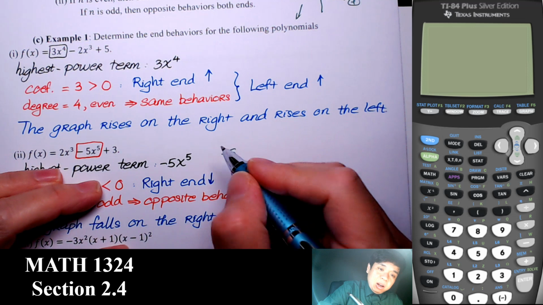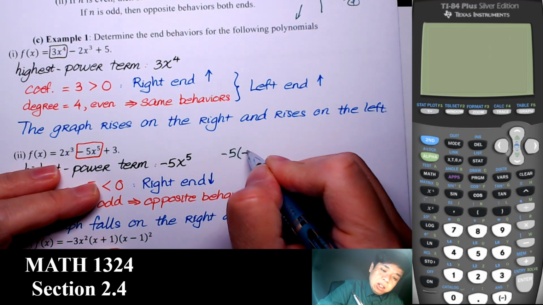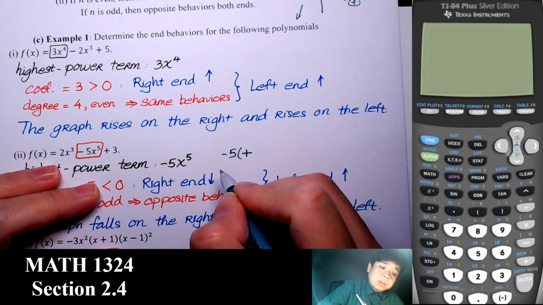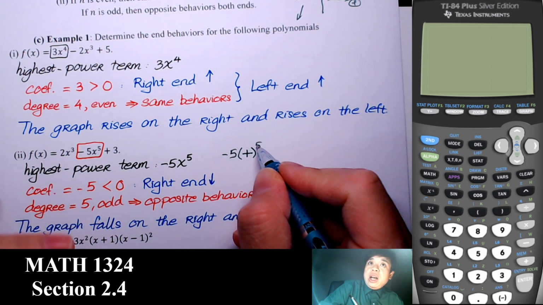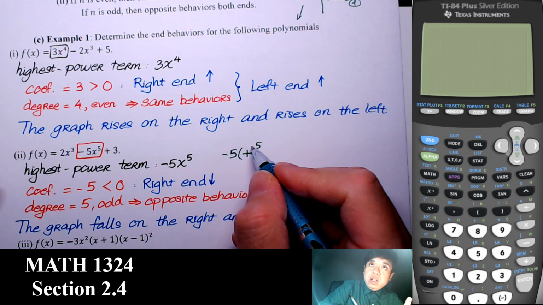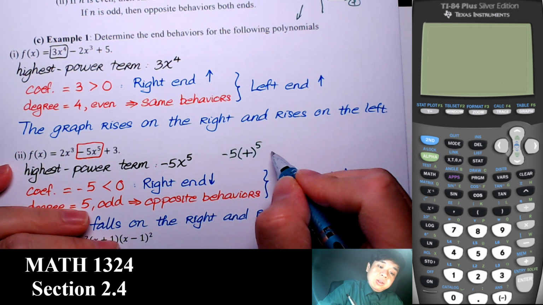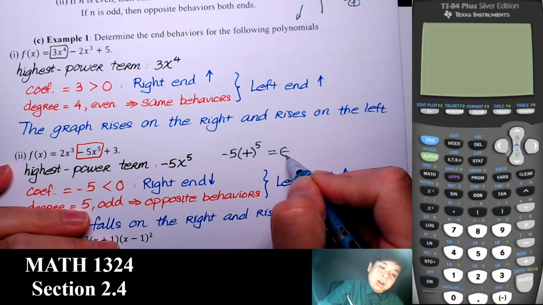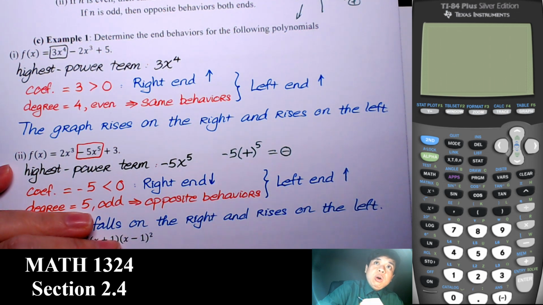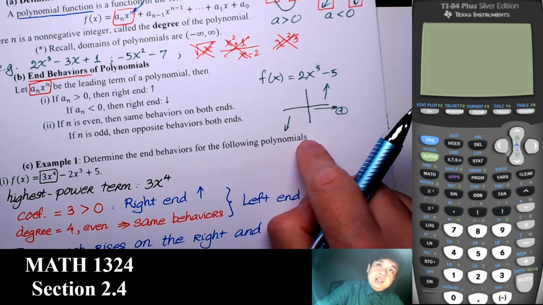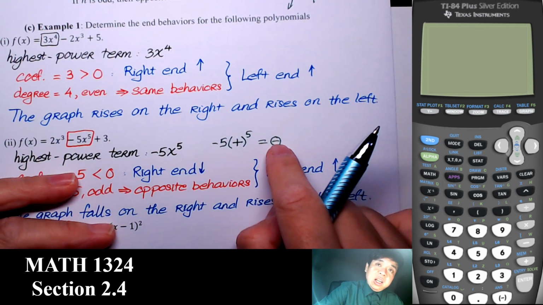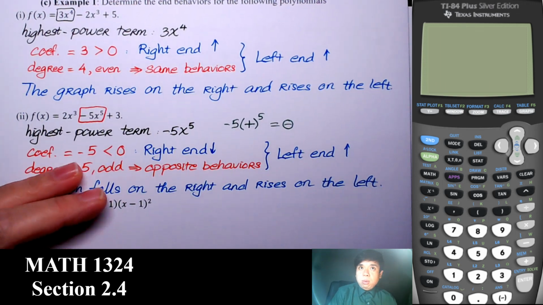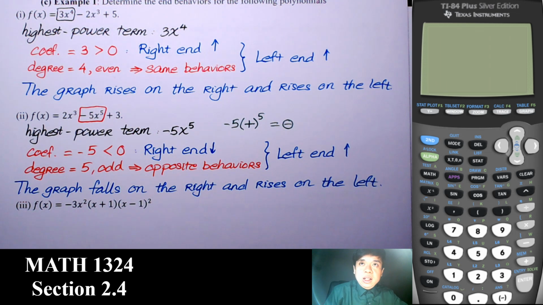If we have negative 5 and we put something on the right which is positive, raised to the 5th power, positive raised to any power is going to be positive. Positive times negative 5 ends up being negative. Because it is negative, it will go down. On the y-axis, positive on the top, negative at the bottom. It's negative, so that means it goes to the bottom, or goes down.